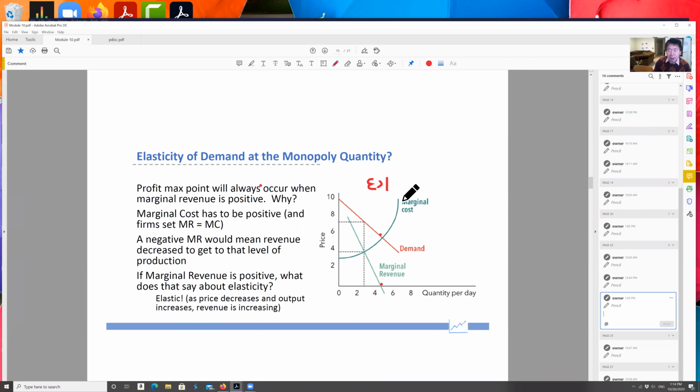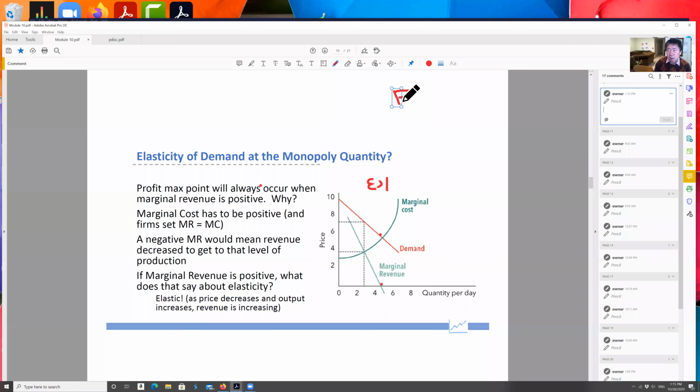Okay, this is a brief review. I think this slide goes through the optimal production process, right? Remember, market demand curve is average revenue.